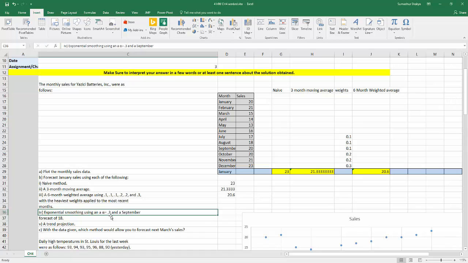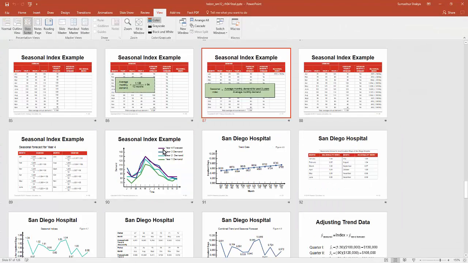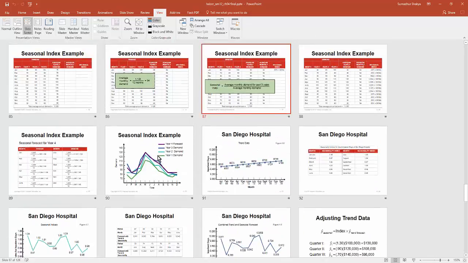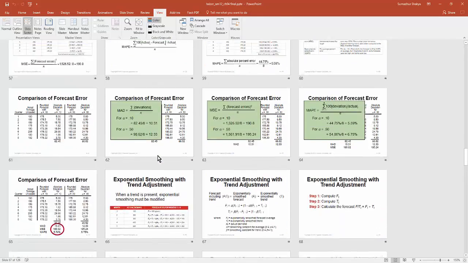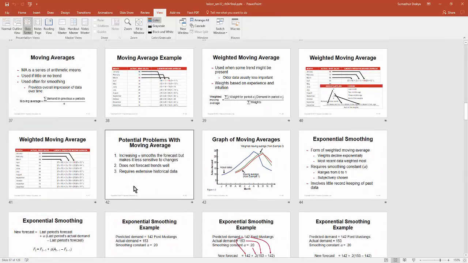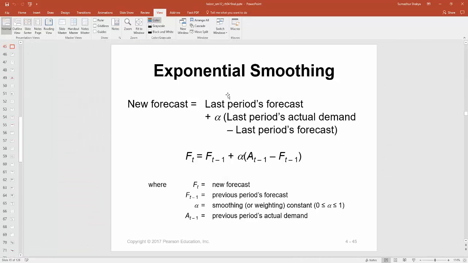Alpha equals 0.3. Now remember, alpha will always be between 0 and 1. Alpha can be taken as the percentage of correction you want to make to the previous forecast. So if we were to look for the formula, exponential smoothing, okay, there.